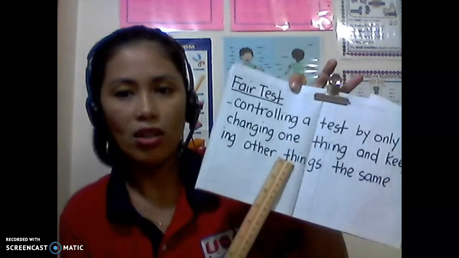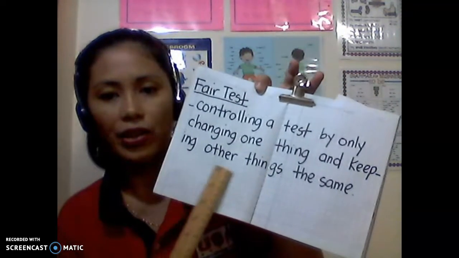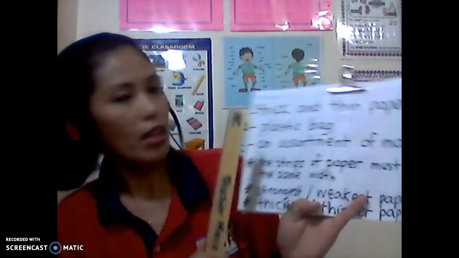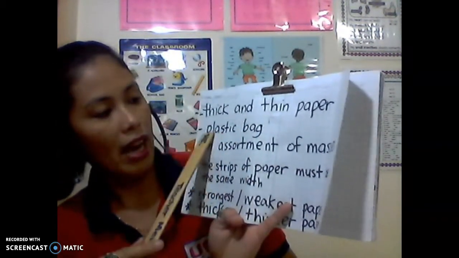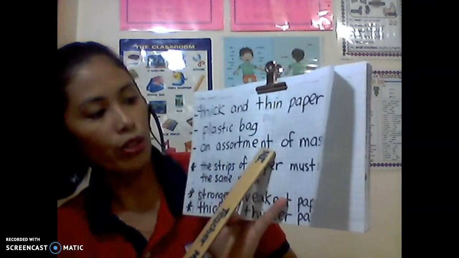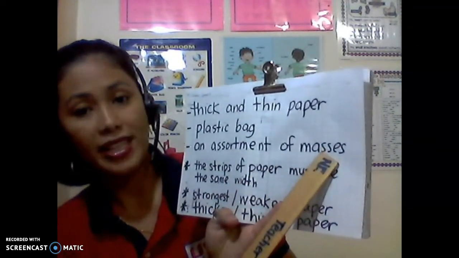Again, for the fair test, it's controlling a test by only changing one thing and keeping the other things the same. If we look at the materials that they use, we have the thick and thin paper, the plastic bag, and the assortment of masses, the weights that they use.